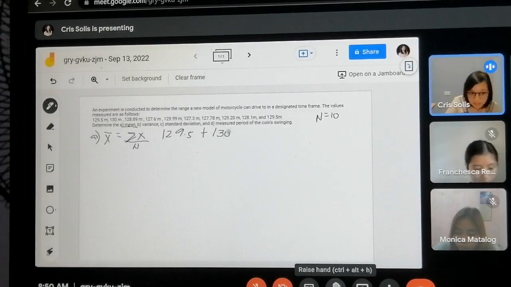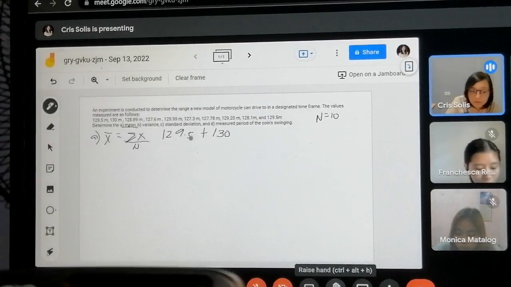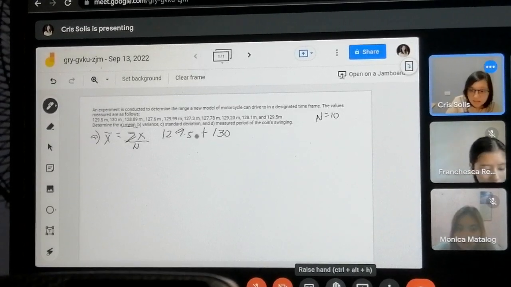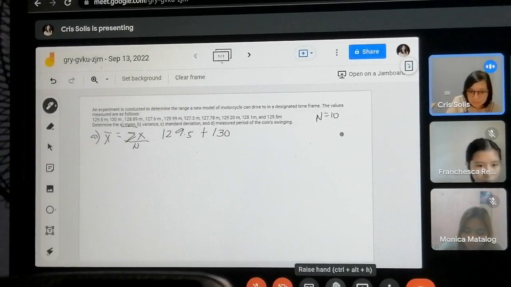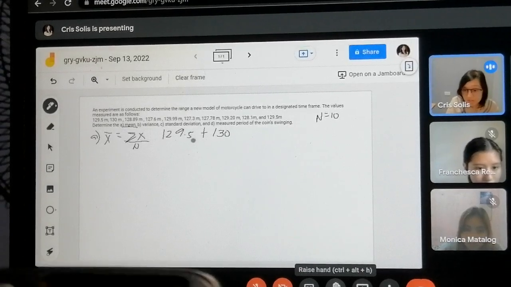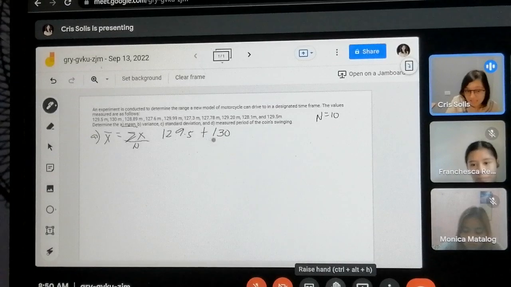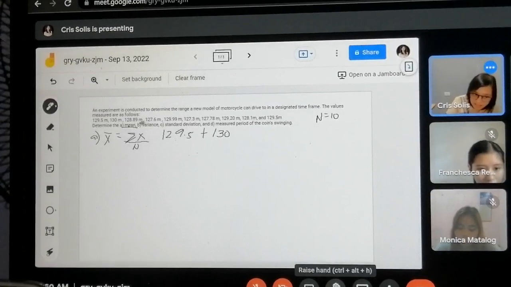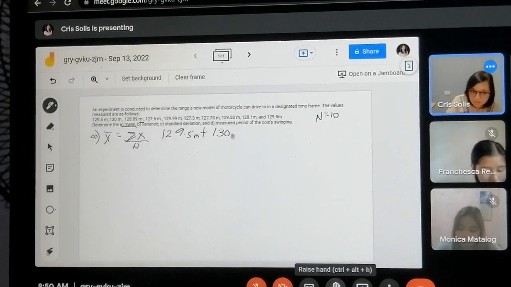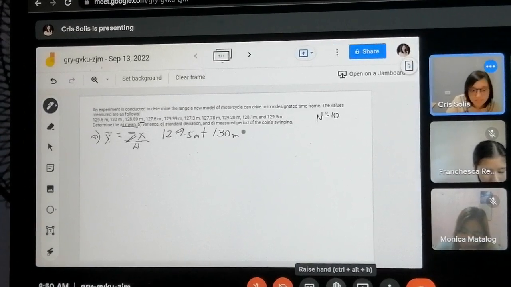Plus 130. I'm not going to write the meters na ha. Kasi I won't have any space. Pero do you want me to write the meters? Or gets nyo na agad? Gets na. Don't forget your unit ha. Always write your meters. Okay?